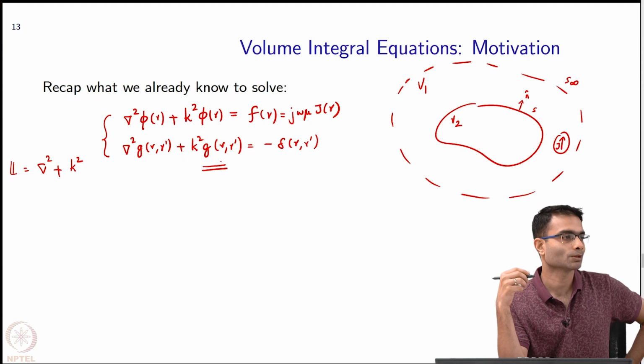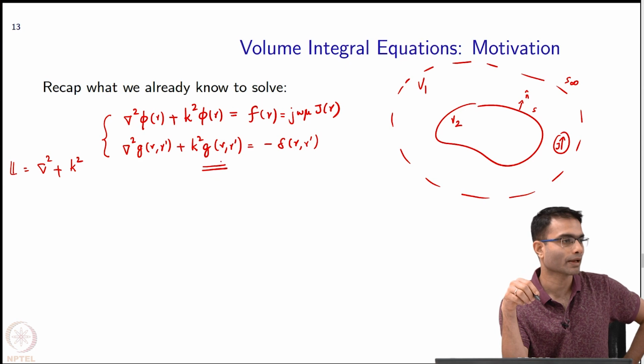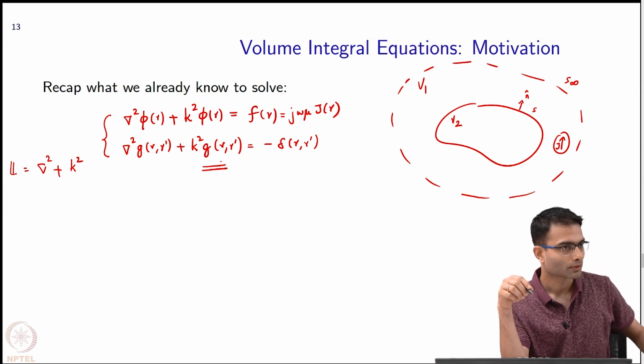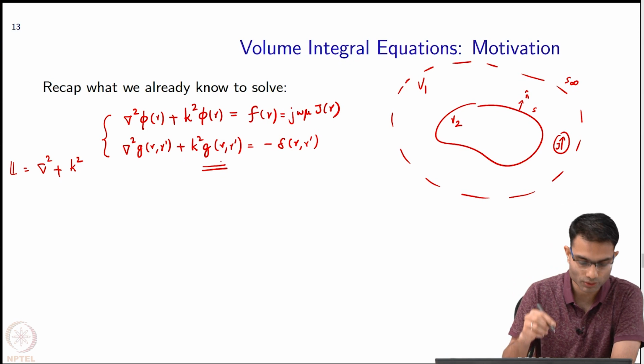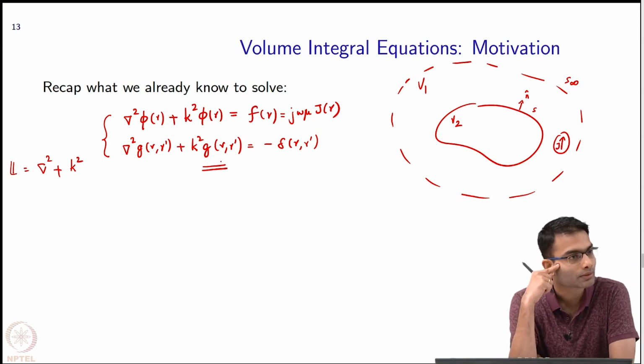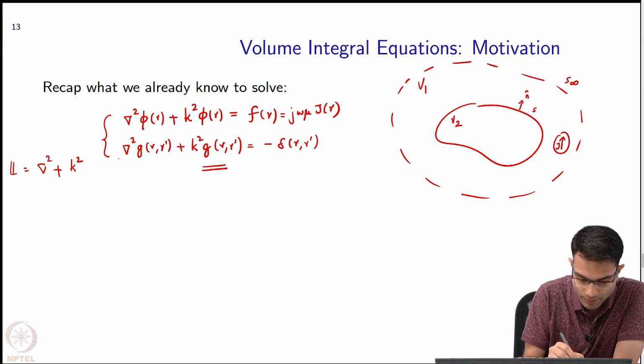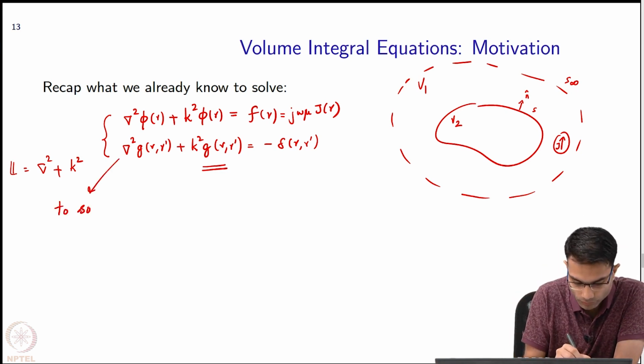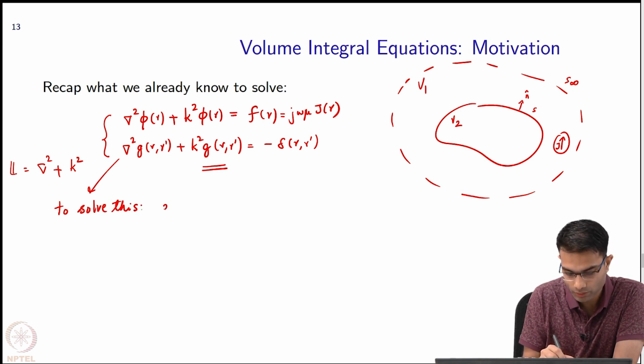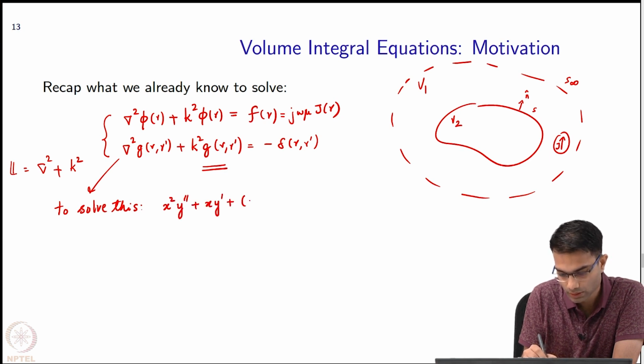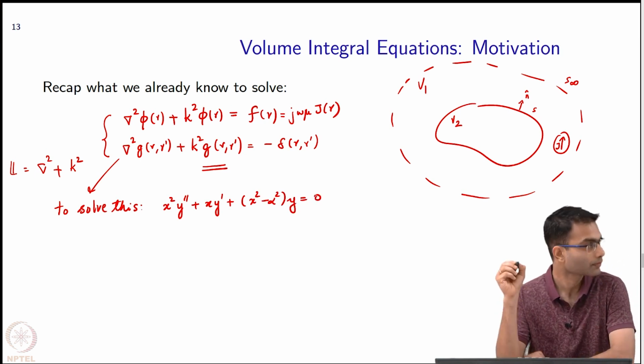I wrote down the Laplacian in polar coordinates, and after some algebraic manipulation I ended up with a differential equation that looked like a well known one, Bessel's differential equation: x squared y double prime plus x y prime plus (x squared minus alpha squared) y equals 0.